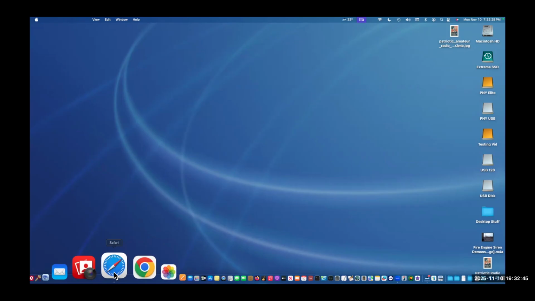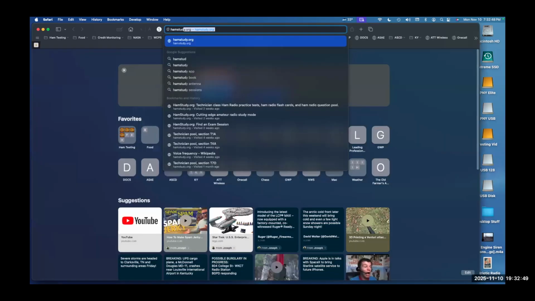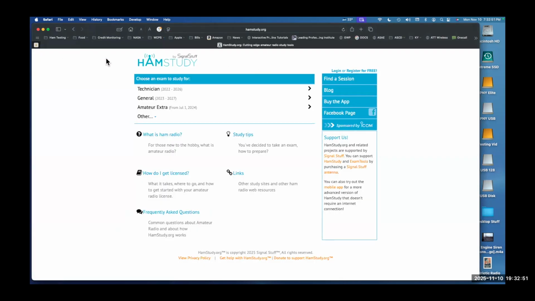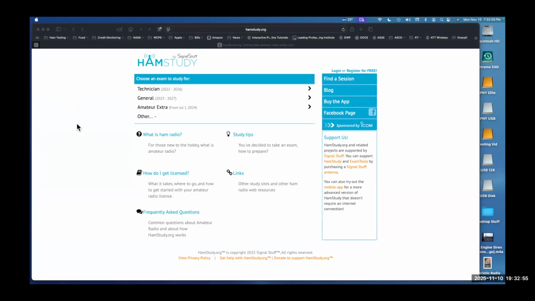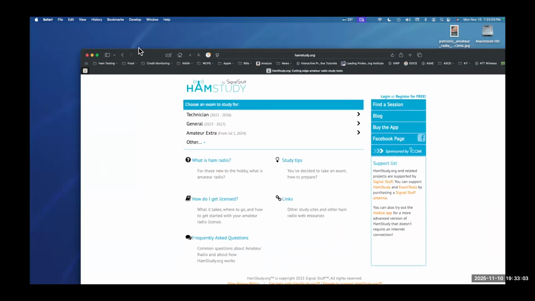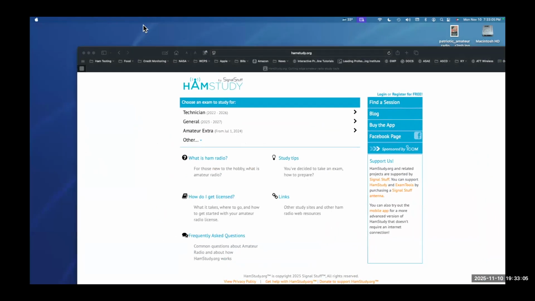But how many of you are using Ham Study to study? I am. Okay. And let me get Zoom up here. And I'm going to share my desktop. Let's see if I can move this over here.